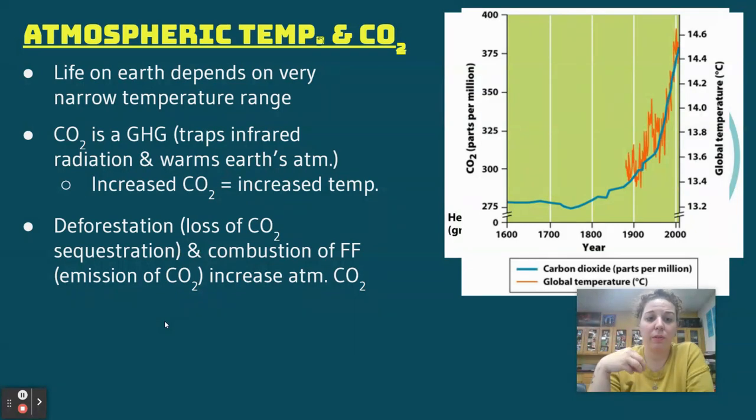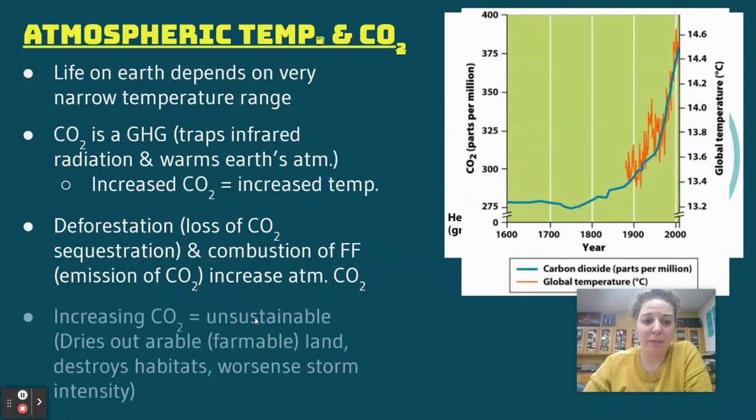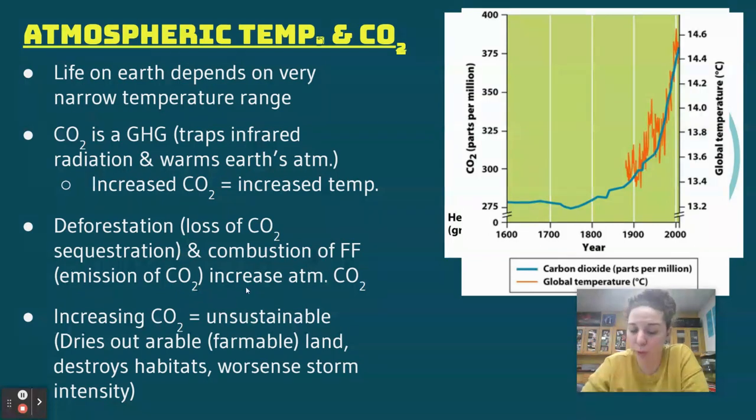Burning fossil fuels, so combustion of fossil fuels, emission, that releases carbon dioxide to the atmosphere. So when we do that, we see these higher temperatures, which is going to dry out that soil. So we have to draw more water up to water our crops. And this just makes it very unsustainable to farm. It's also going to destroy habitats and even worsen storm intensity.